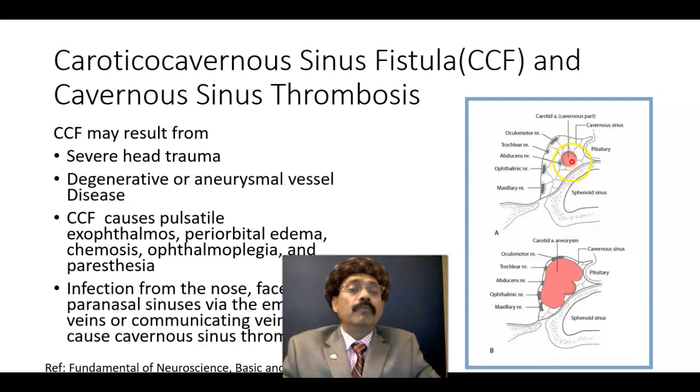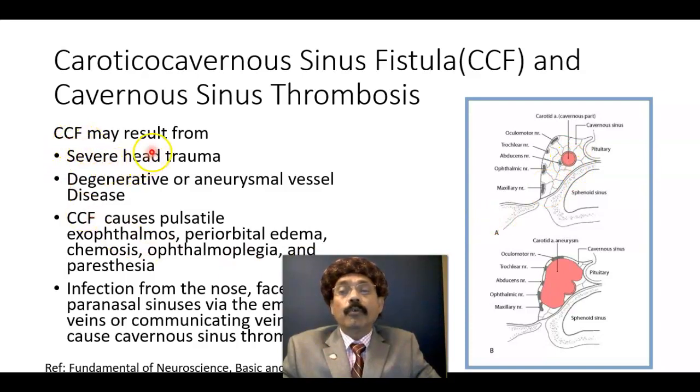That will reflux to the ophthalmic vein, and the eyeball will pulsate in synchrony with the radial pulse, giving pulsating exophthalmos. The eyeball is protruded forward with pulsation because it reflects the pulsation of the internal carotid artery.